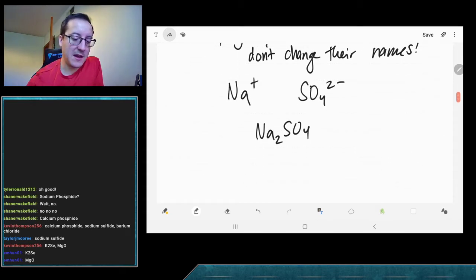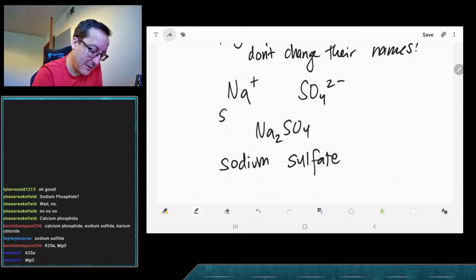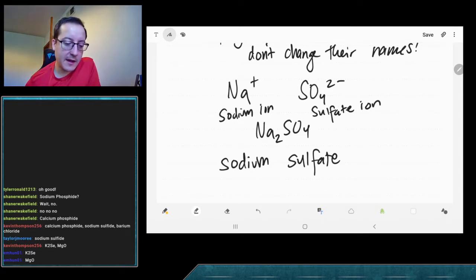And so you would get Na2SO4, and you would name this one sodium sulfate. Because this one is the sodium ion, this one is the sulfate ion, and since there is a polyatomic ion involved, we're not going to mess with their names, so it's just sodium sulfate. Hopefully not too crazy there.